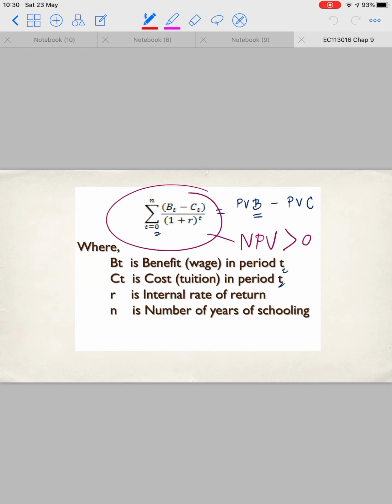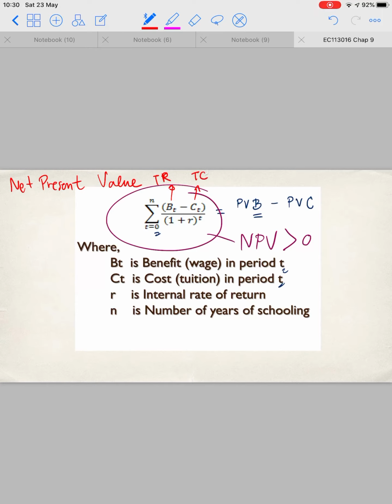So in terms of finance, we can calculate it through NPV, net present value. We know that the benefit is R, that is TR, total revenue.